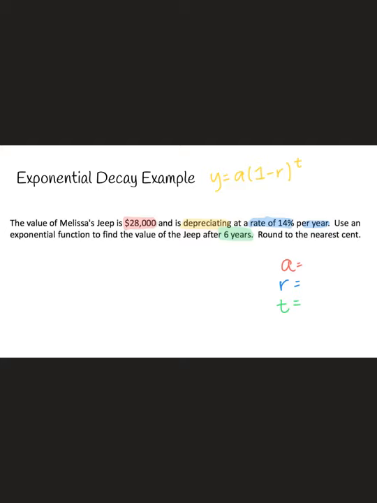So let's fill in our information. 14% is going to equal 0.14 because we move that decimal 1, 2. And then we just take and plug this all into our formula and put it in our calculator.